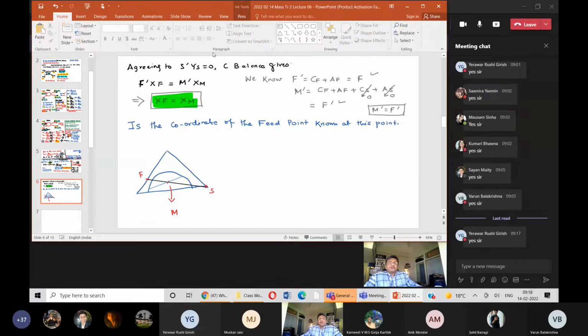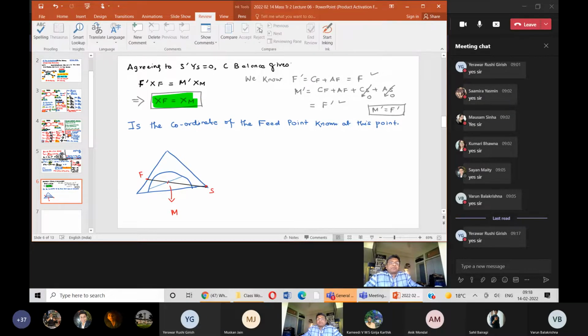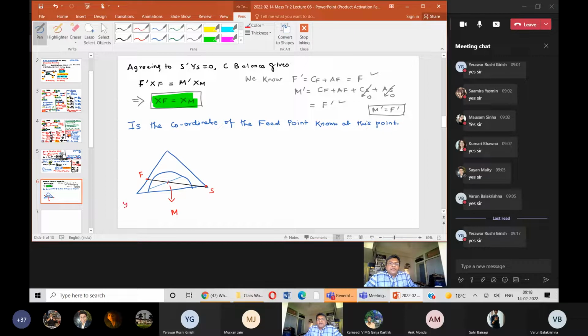Right? So YE and XR come from the graph.